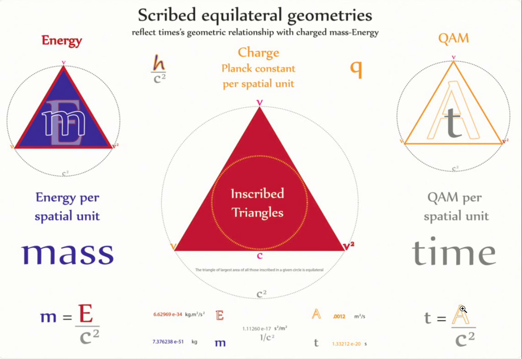Again, angular momentum divided by c squared will give you a unit of seconds. Again, showing that time is no more than a mathematically misinterpreted measurement of quantized angular momentum per spatial geometry, or another way of expressing it is time is a measurement of the foundational geometry of charge.